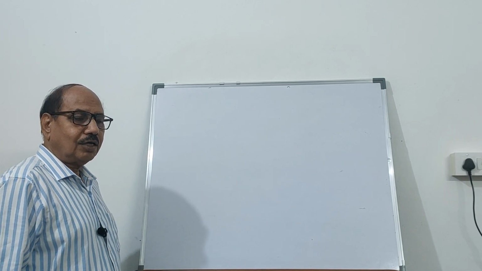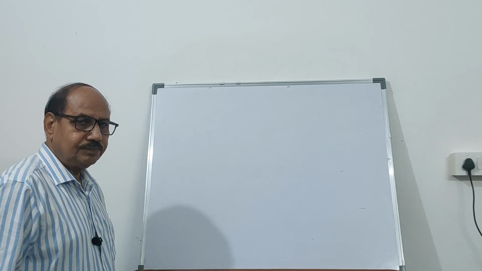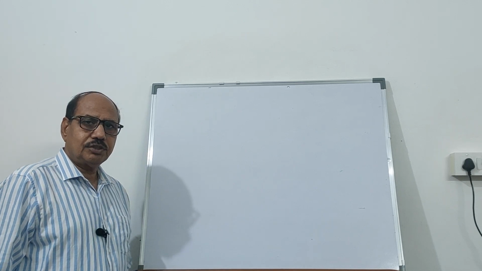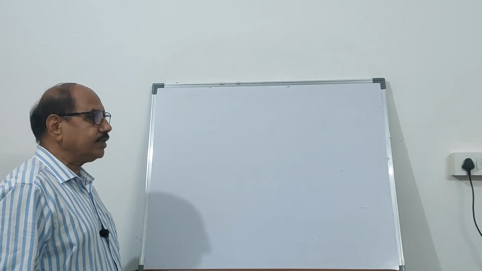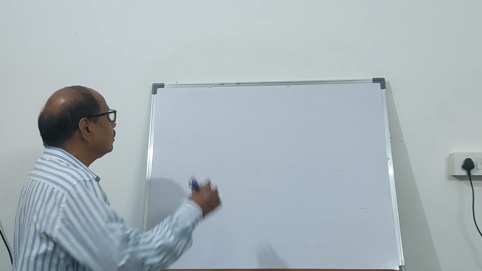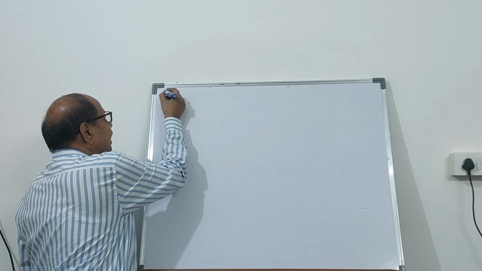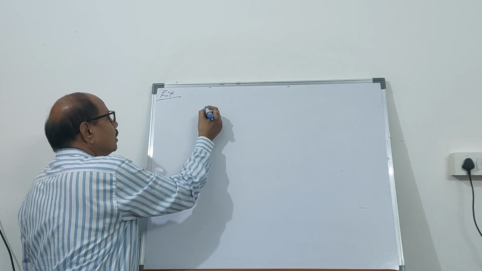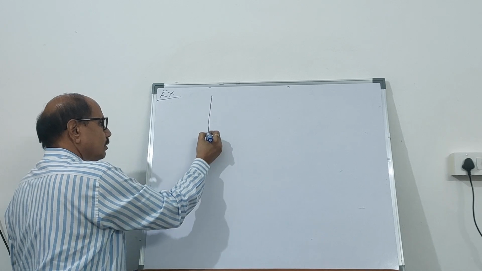Friends, on cantilever sheet pile, the solution is to be found out by a simplified approach. Let's take an example. So we take an example of a cantilever sheet pile.